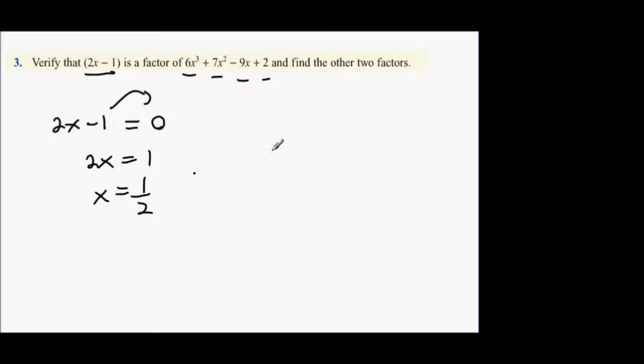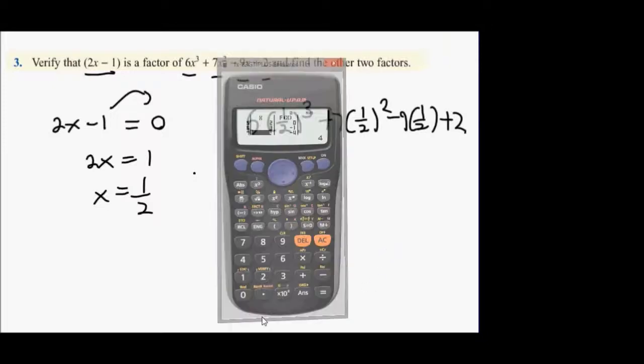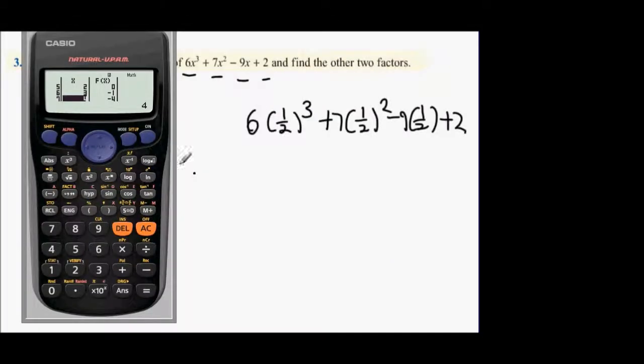Okay, so let's see if this is the case. 6 times a half cubed plus 7 times a half squared minus 9 times a half plus 2. Put that into the calculator and we'll see if it comes out as 0.